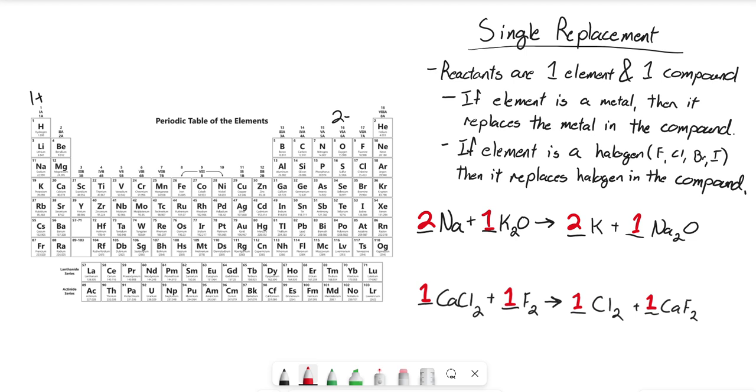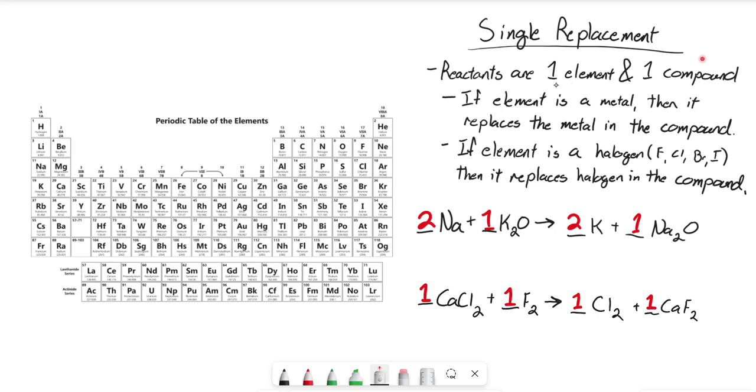So again, these tend to be a little bit trickier to predict the products for because we have to be very careful about what the element actually is. As it says here, if the element's a metal, then it replaces the metal that's in the compound and forms an ionically bonded product.